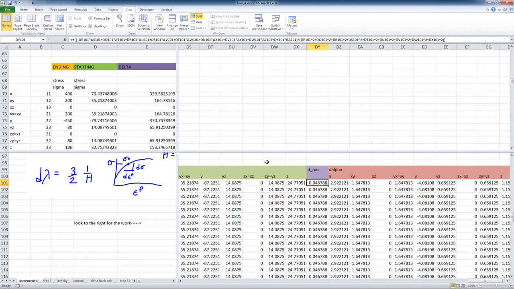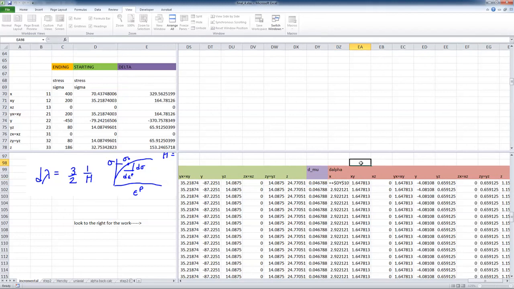Here's my d mu term. It's a big long equation, but it's just what I had written before. Xi dot dS over xi dot xi. And here is my increment for d alpha.